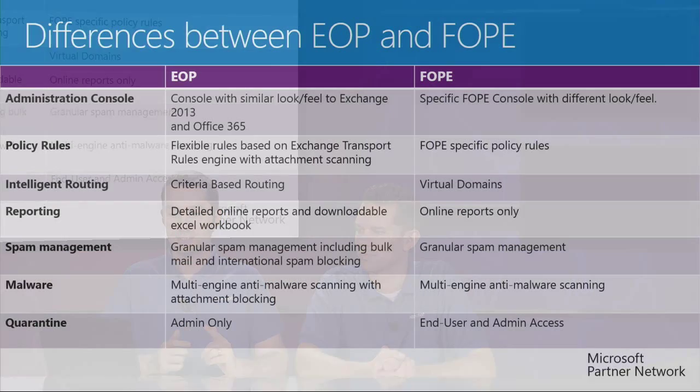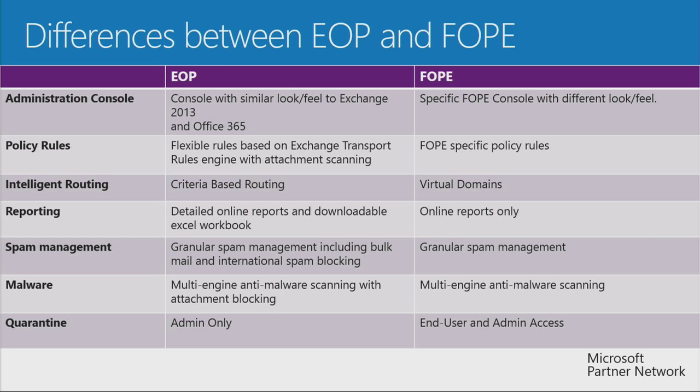So now you can administer malware, antivirus, anti-spam, and custom rules directly inside the same architecture as Exchange Online. First difference. Second difference is the intelligent routing. With FOPE, we used in the past virtual domains. Now we are using criteria-based routing.